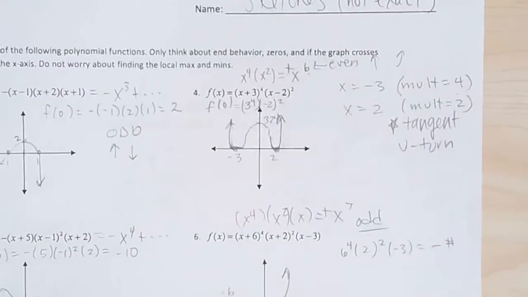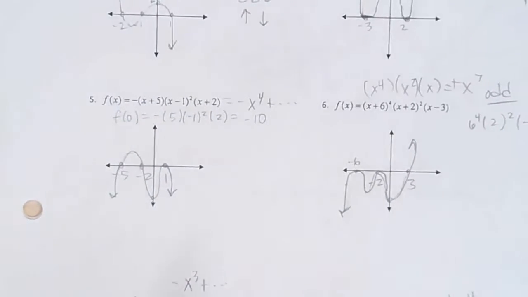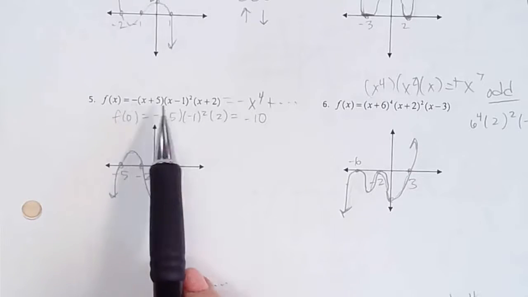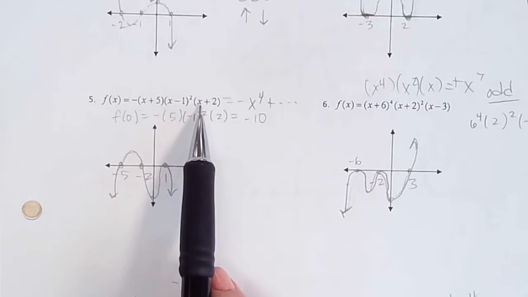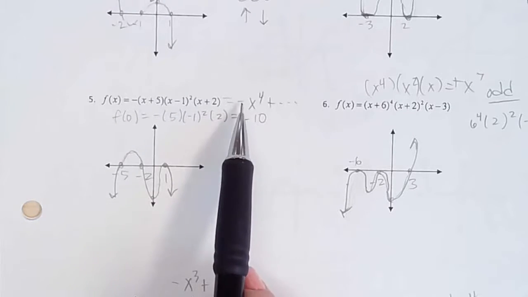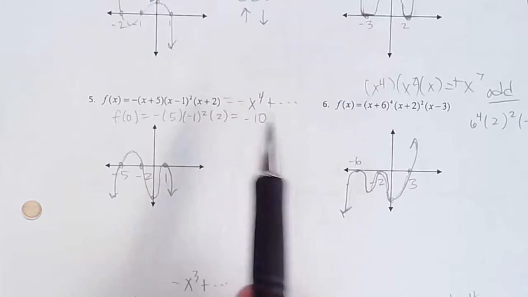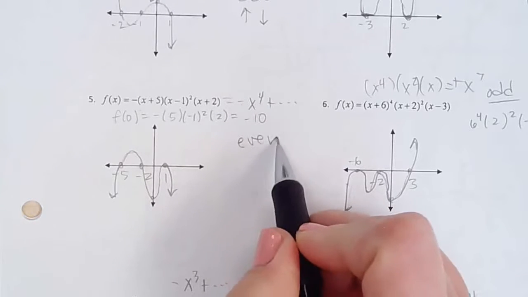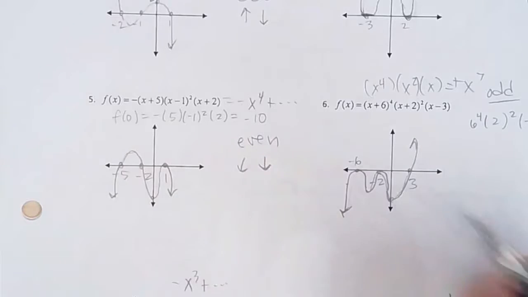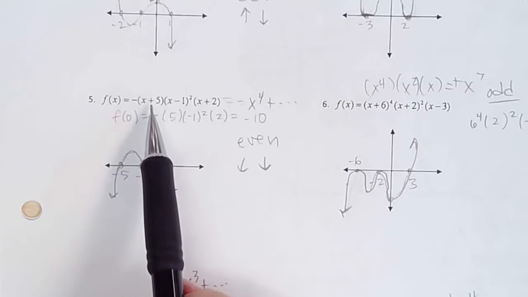Number 5, negative x squared times x is x to the 4th. That means even, and negative means down and down on the ends. You have an intercept at -5, +1, -2.